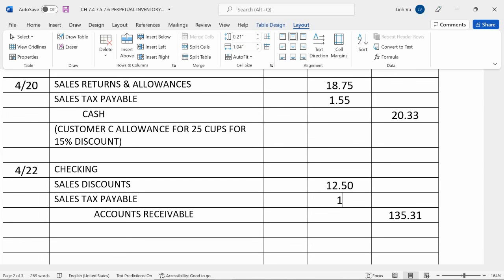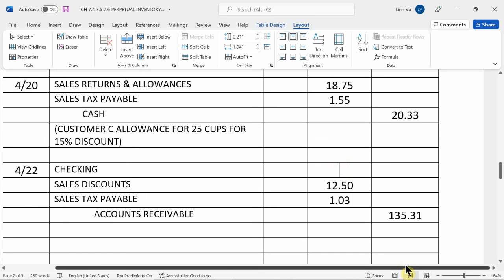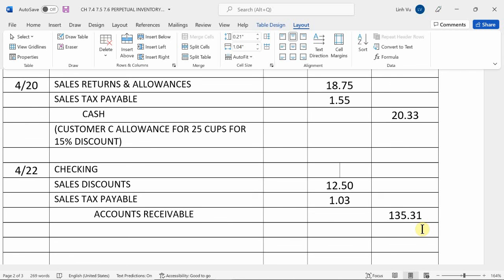Okay, $1.03. So how much is customer B actually going to pay me? $121.78.